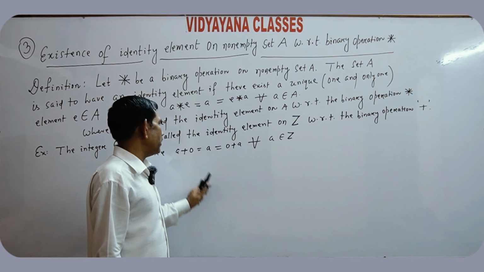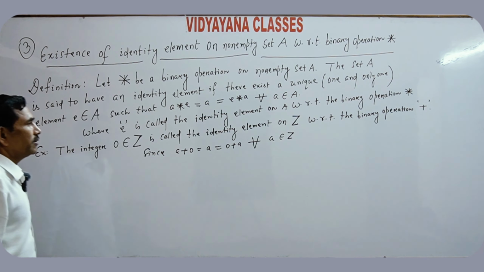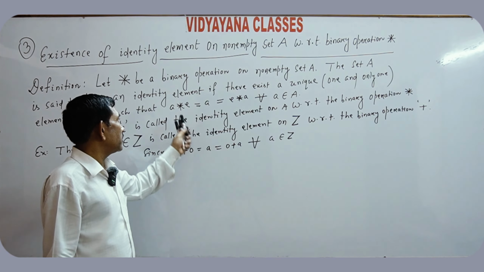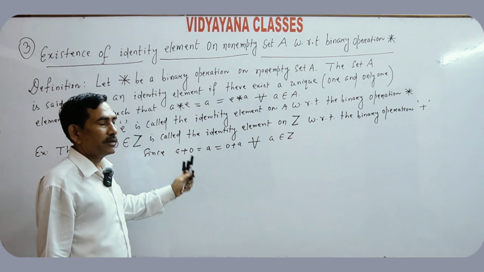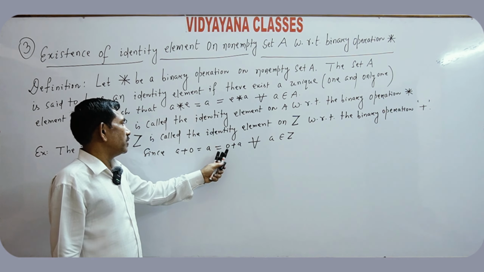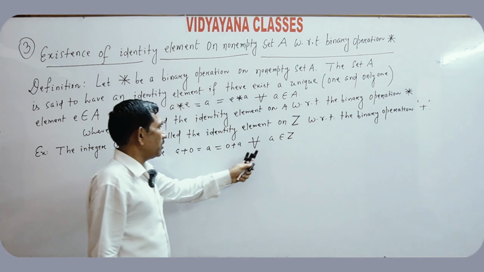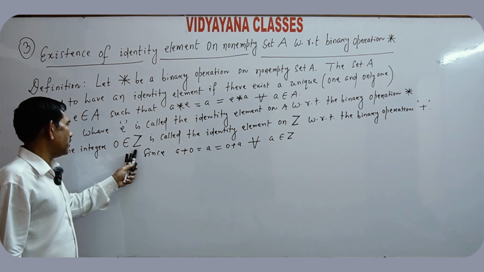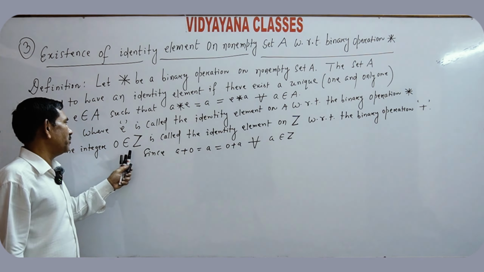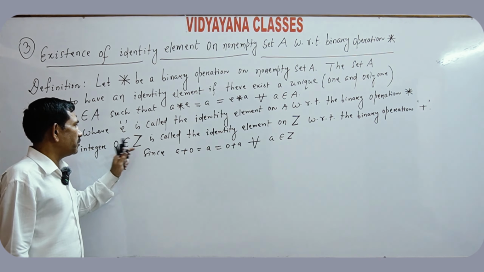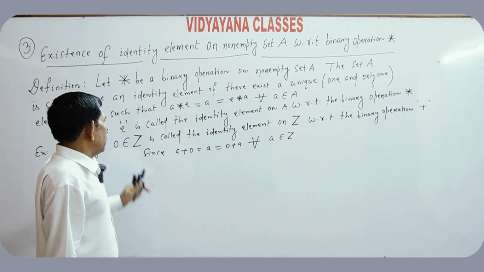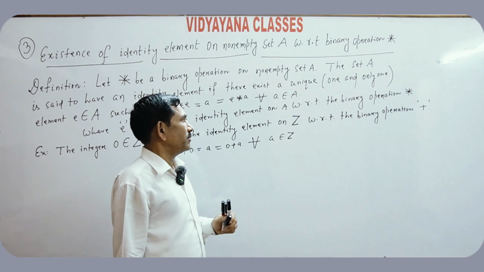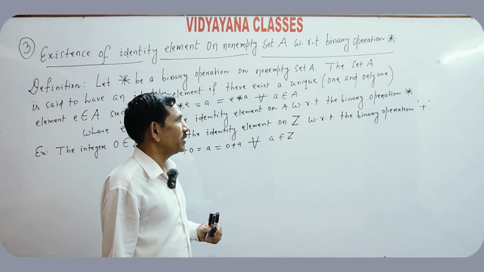Here the binary operation is addition, that is plus sign. Since this condition is satisfied, 0 is the identity element. 0 belongs to Z. The identity element must belong to the given set. Here the given set is Z. It is clear that 0 belongs to Z and is called the identity element on Z with respect to the binary operation addition.